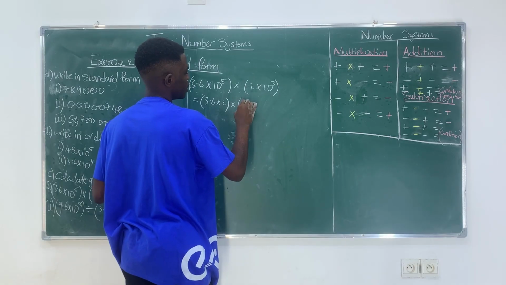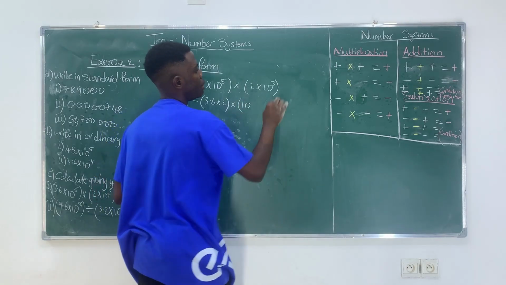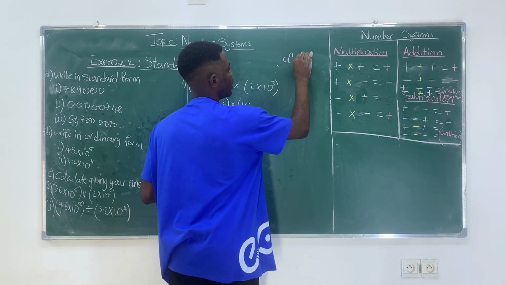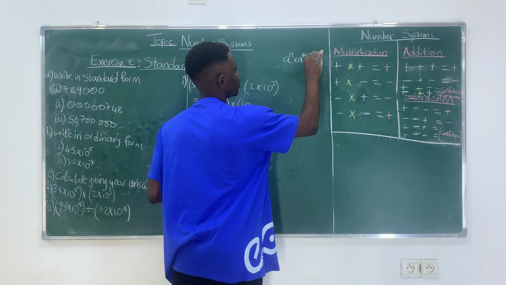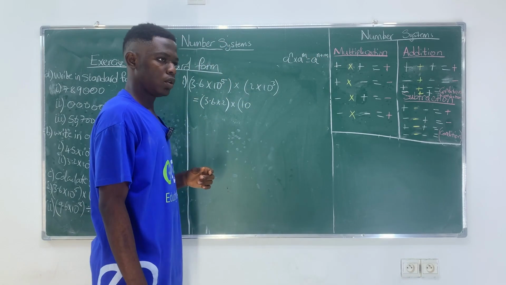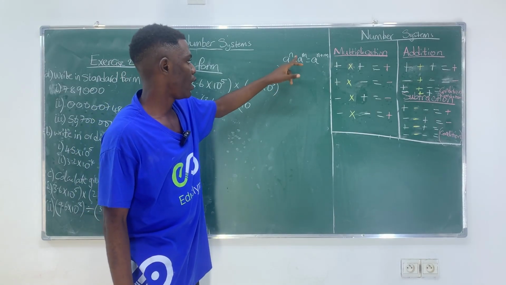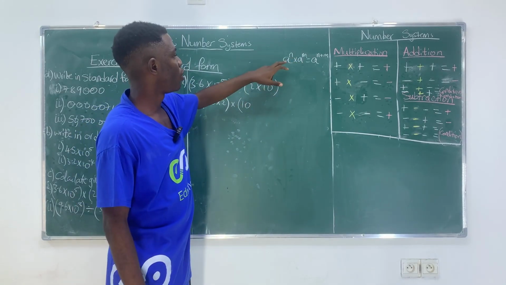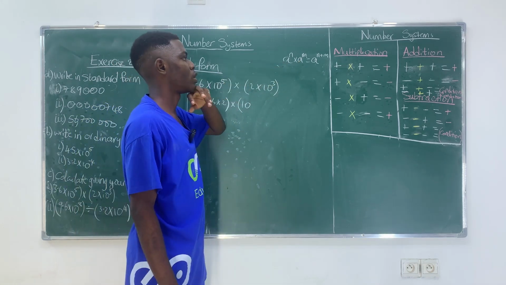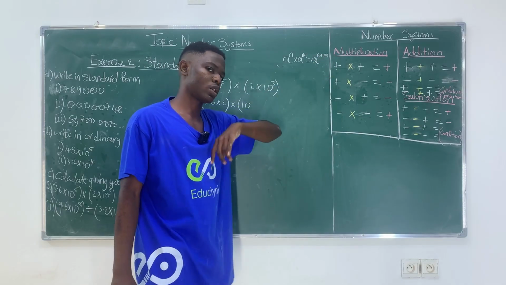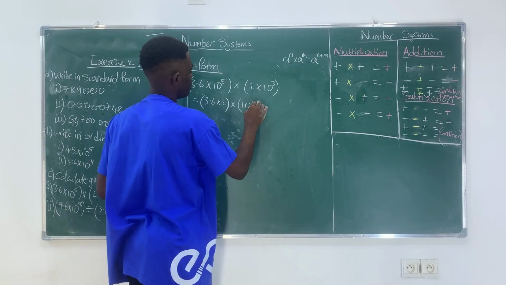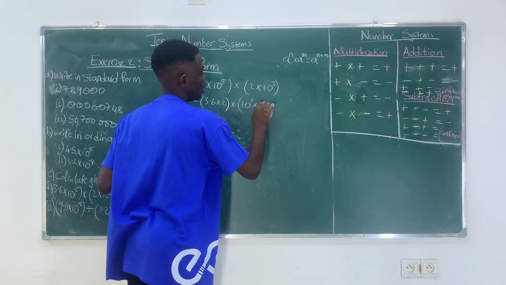Then we multiply the powers. 10 to the power, remember a to the power n times a to the power m is equal to a to the power n plus m. This a is the base, n and m are the powers. So for multiplication of two numbers with the same base and different powers, we keep the base and add the powers. You see here we have the same base, 10 to the power 5 times 10 to the power 3.